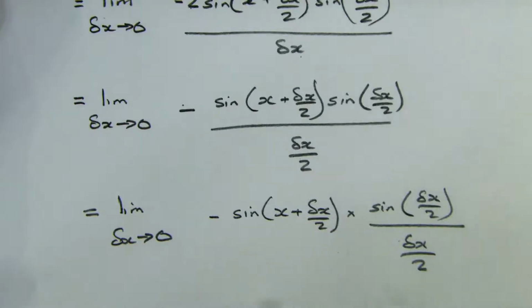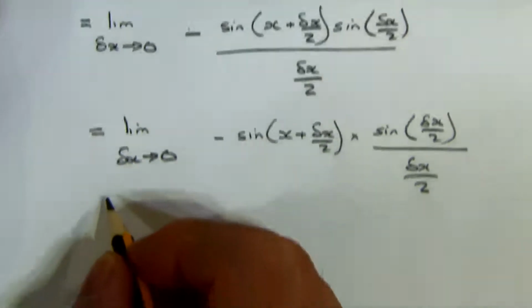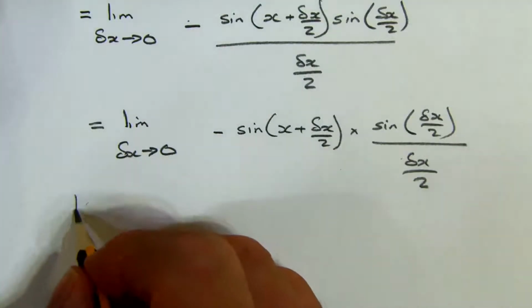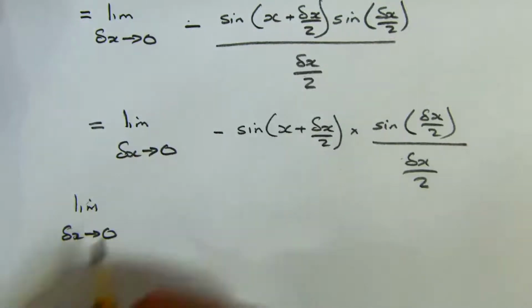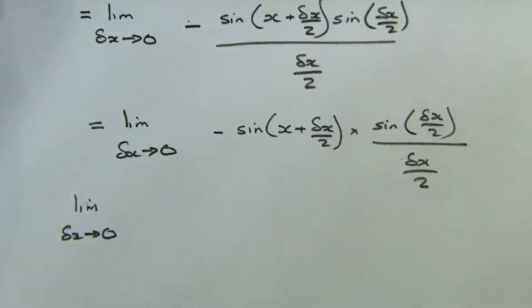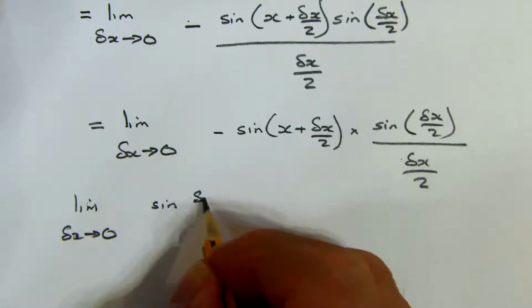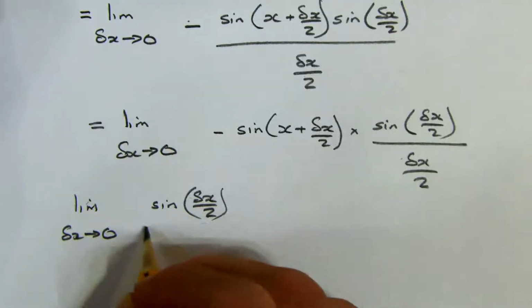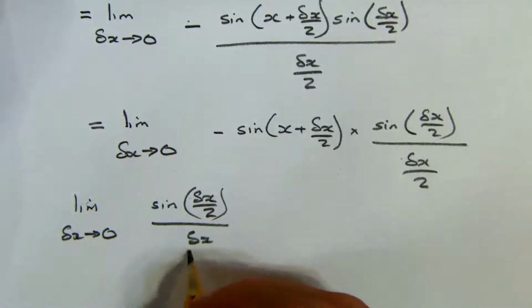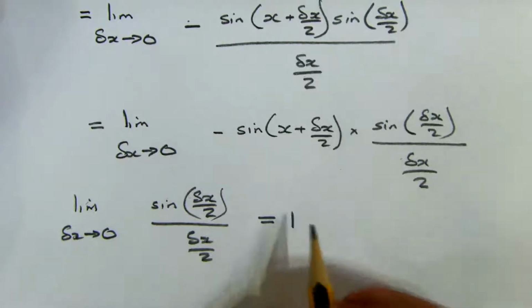We're knowing that delta x is tending to 0, and so as before, we had this limit as delta x tends to 0 of sine of delta x over 2, over delta x over 2. That is going to tend to 1.